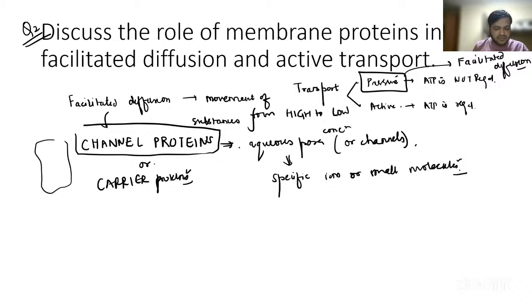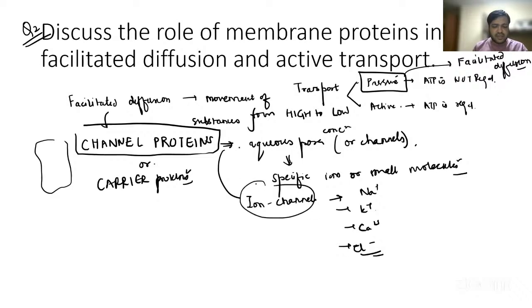Now, specifically, if we are talking about the ion channels, for example, the sodium ions, the potassium ions, the calcium, the chlorine. So these ion channels can be gated, right? They can close.